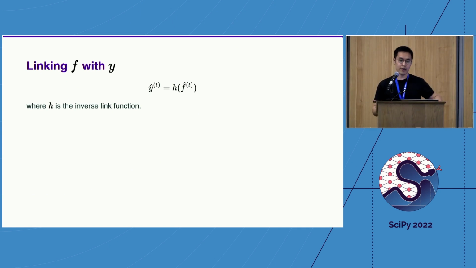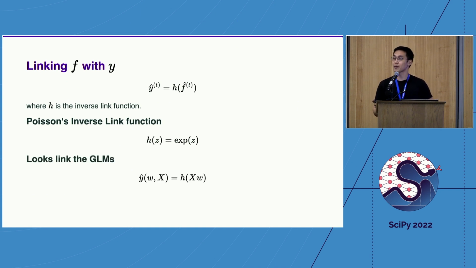So there's an inverse link function, and for Poisson, it's the exponential. And this looks eerily similar to GLMs, because I see them as very similar. Inside GLMs, there's x times w as the term that outputs your values, while for gradient boosting, you have f hat of t, which is a summation of trees that does this. So it's connected.